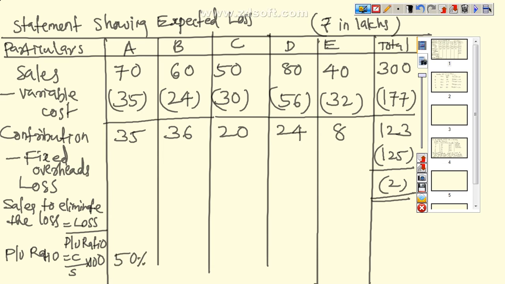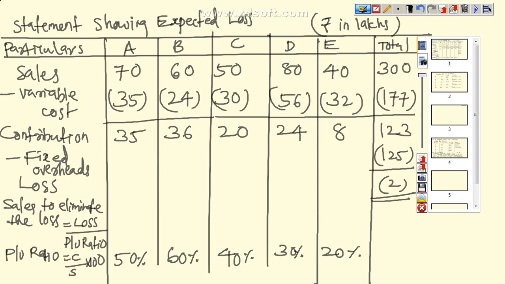Next, 36 upon 60 into 100 is equal to 60%. 20 upon 50 into 100 is equal to 40%. Then 24 upon 80 into 100 is equal to 30%. Then 8 upon 40 into 100 is equal to 20%.